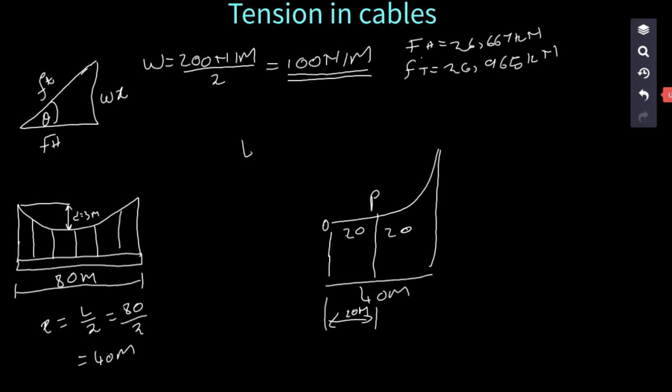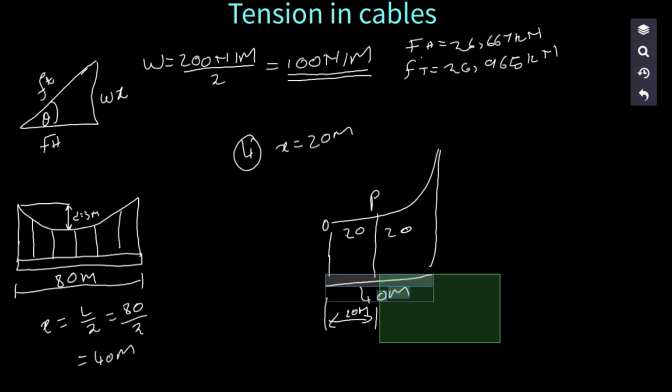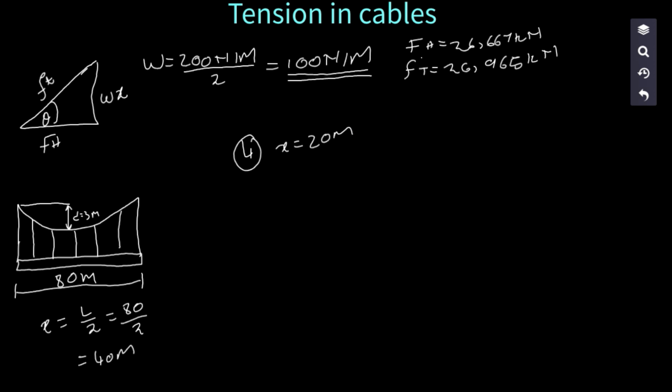So for this fourth question, our x is given by 20 meters. We can therefore erase this diagram. They said we must calculate for the tension on that point. Our FT is equals to the square root of FH squared plus W x squared this side as well.